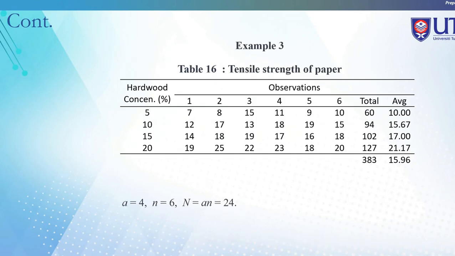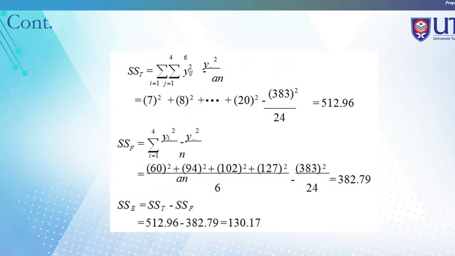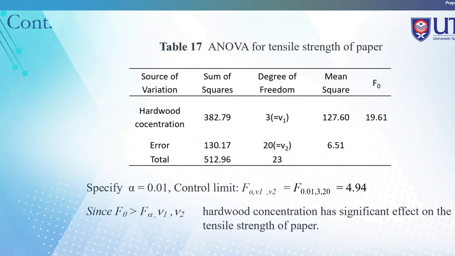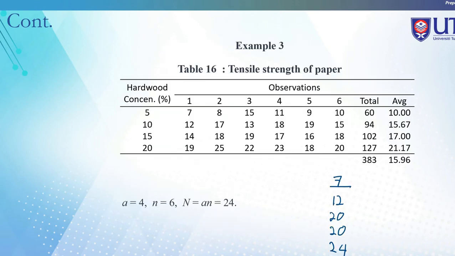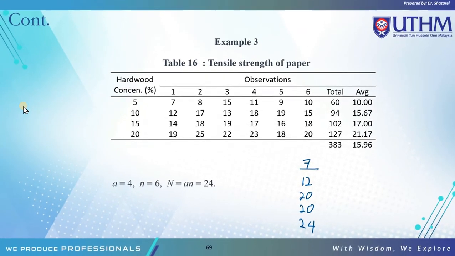For this week, I want you to try yourself using this example 3 data. This example is actually already done for you, with all the values and the conclusion given, but now I change the data a little bit. Instead of taking 6 replicates for example 3, I add another replicate for each level.